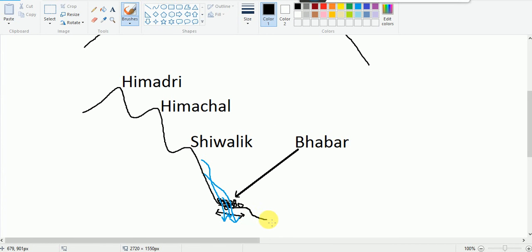The water that has been absorbed in the Bhabar belt re-emerges here, thus forming this area as a wetland. This area becomes a wetland, and it is known as Terai. So this belt is known as Terai.